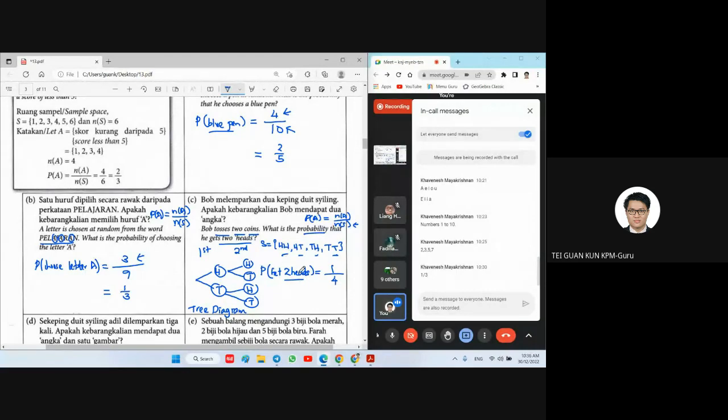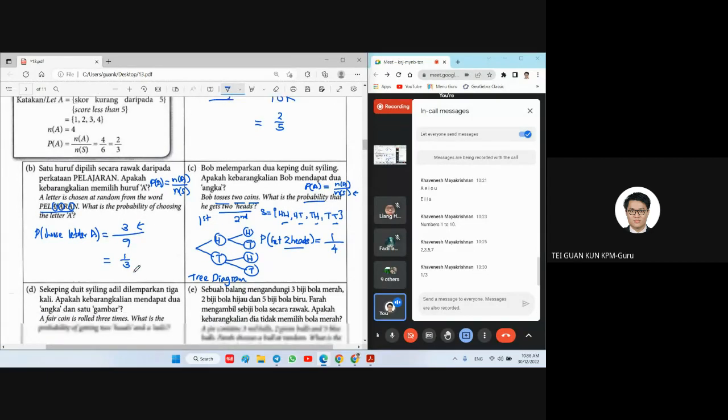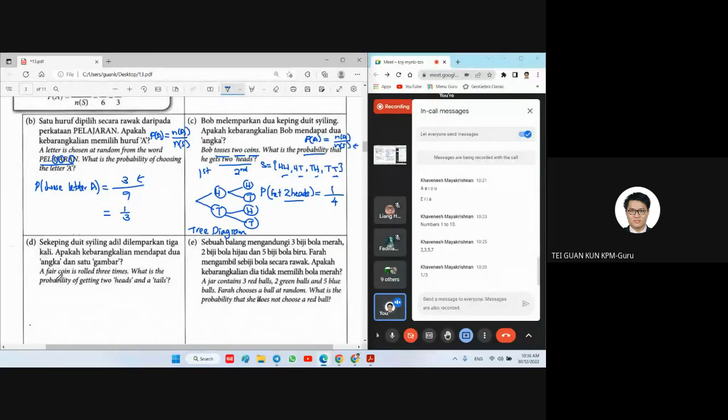So you need to know lah how to draw the tree diagram. Kita akan cuba lagi sekali. Sebab soalan D ni, kita akan lempar lagi coin, tapi 3 kali. Tadi 2 kali. Just now 2 times only. Now we have to toss 3 times. So kena buatlah 3 kali.